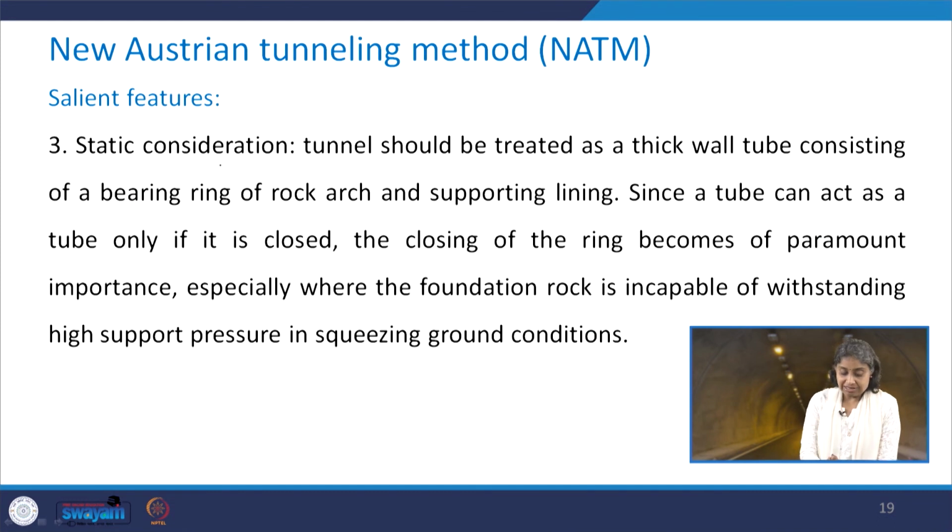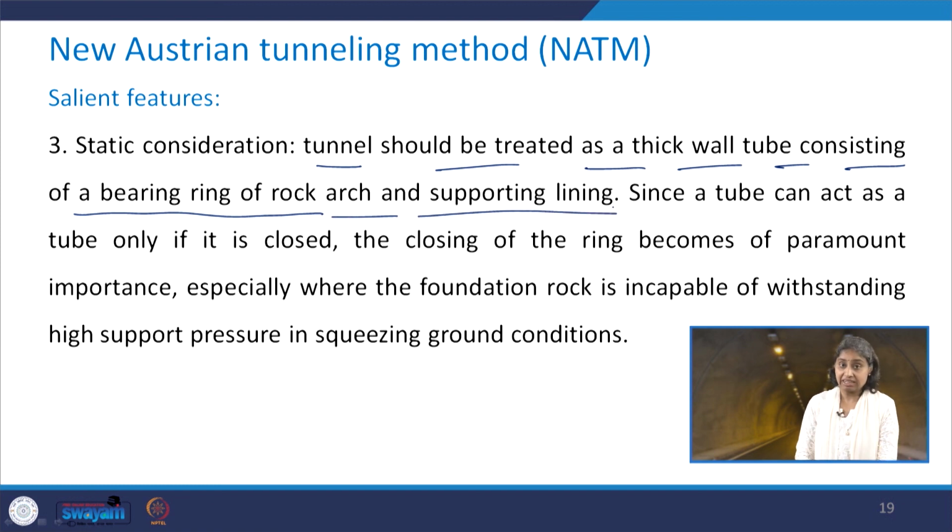The static consideration involves that the tunnel should be treated as a thick wall tube consisting of a bearing ring of rock arch and supported lining. We saw this, so it will be something like this.